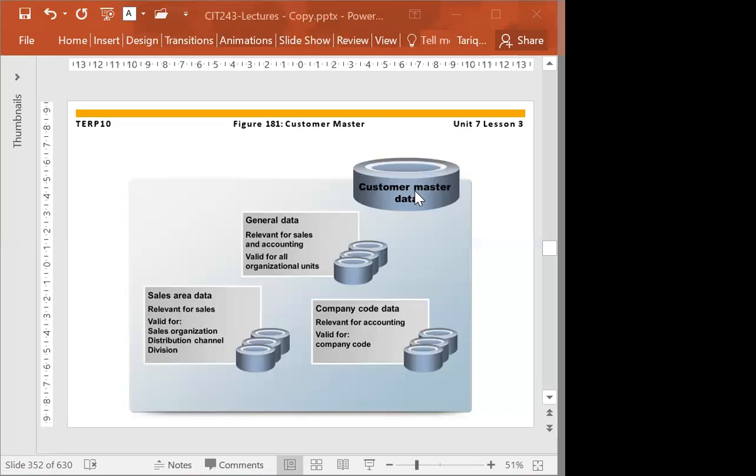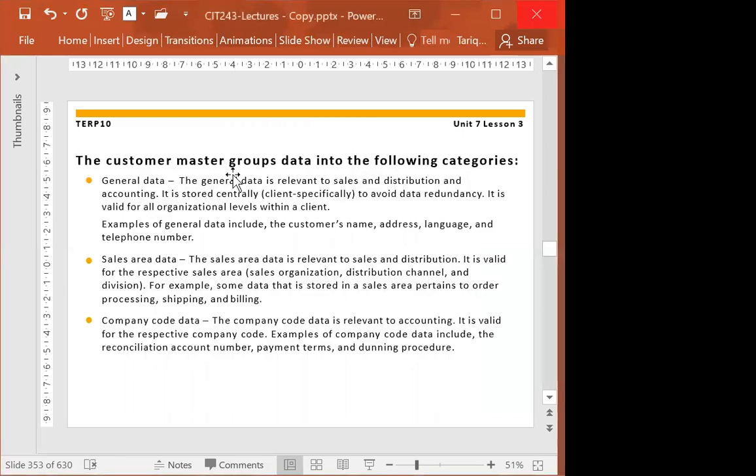So please let me know how many types of data we have for our customer master data. Write the number 1, 2, 3, 4. Customer master data has how many types of data, guys?